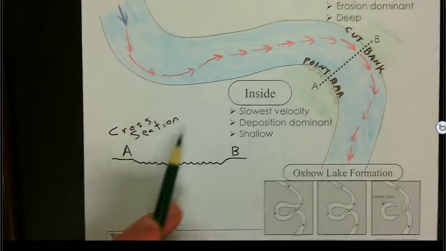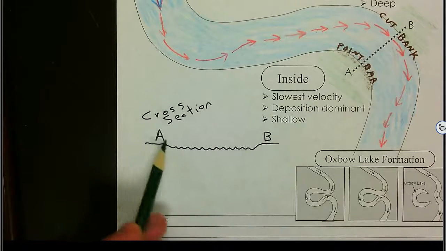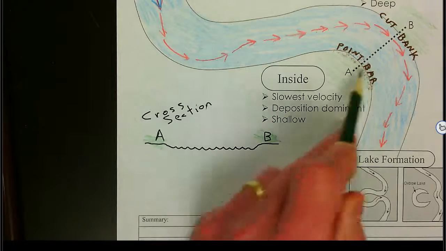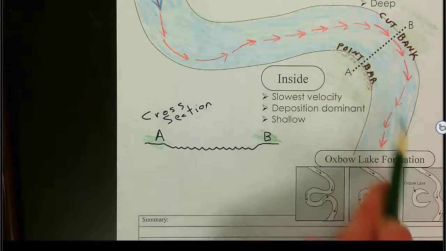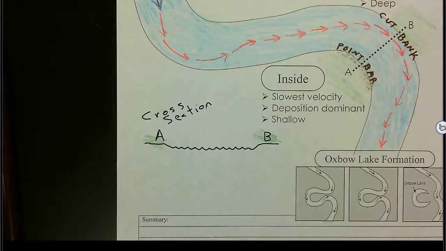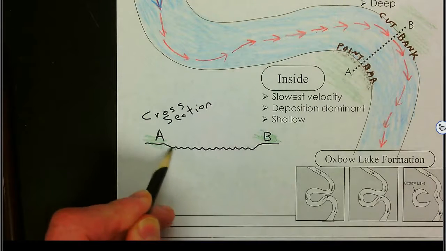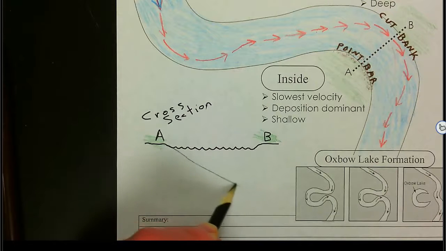Let's draw a cross section of what's happening here at A and B. So A we know is on land, B we know is on land. What happens if we look at the side view or a cross section? Remember, we cut right there and look at this from the side. The cross section will be shallow at A, so the water is going to be very shallow here, and it gets deeper and deeper and deeper.